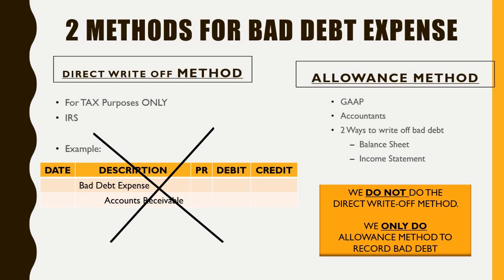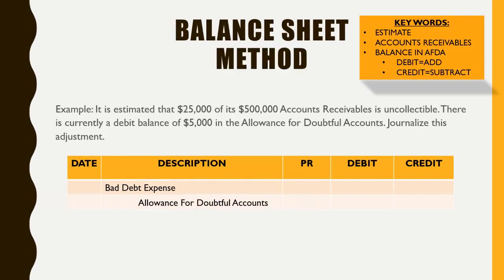What you need to know is the allowance method, which breaks into two more ways that you can journalize this: the balance sheet method and the income statement method, okay? So again, we are not going to be doing the direct write-off. We're going to be focusing only on the allowance method, okay?